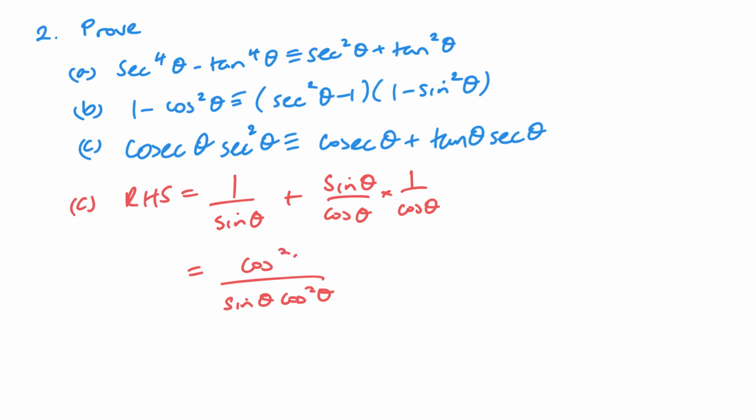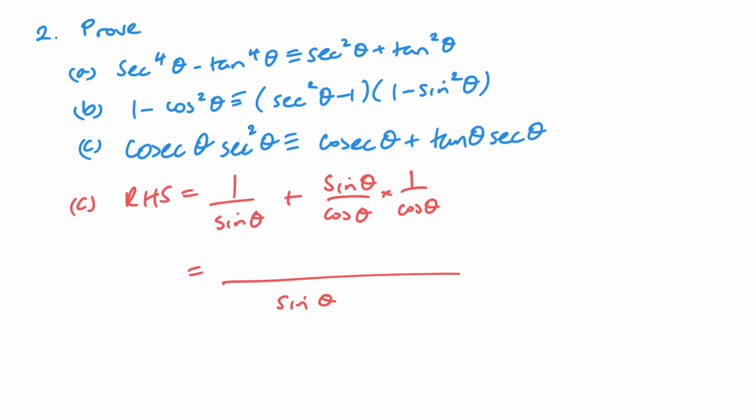So it'll be cos squared theta plus sine squared theta over sine theta cos squared theta. Okay, so that's what I do when I'm separating out, but normally I would do this in one go. Normally, just to show you, I would just jump in as a single fraction.